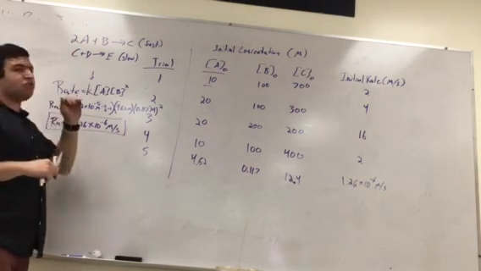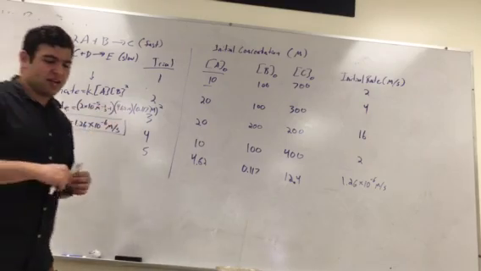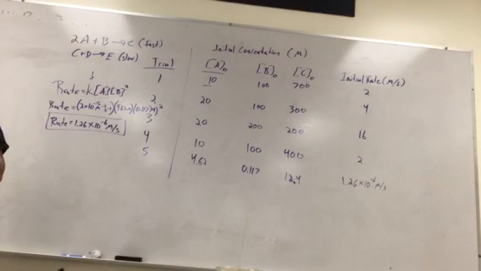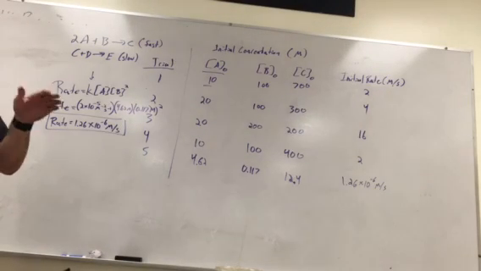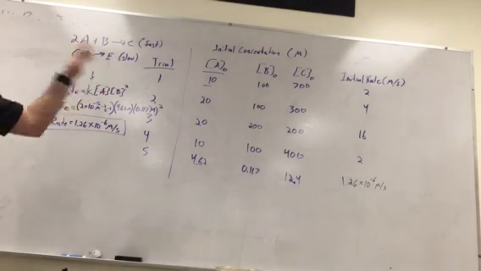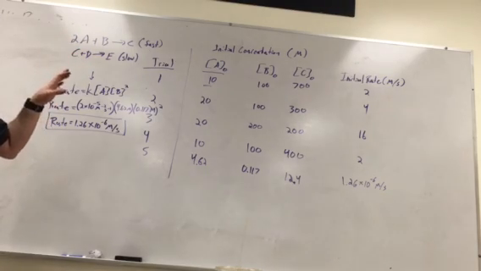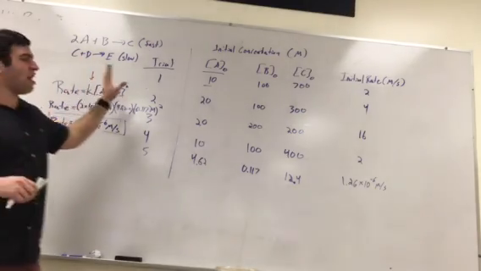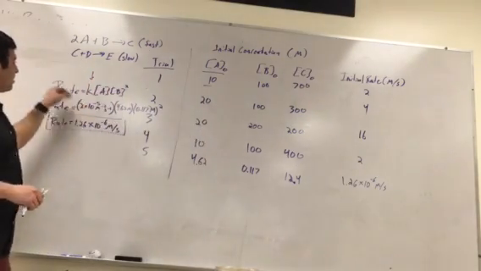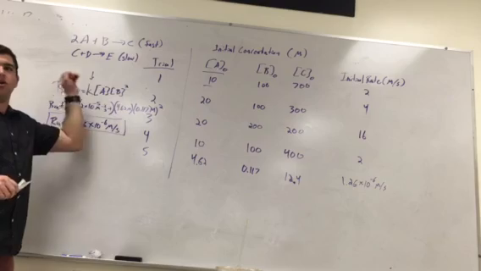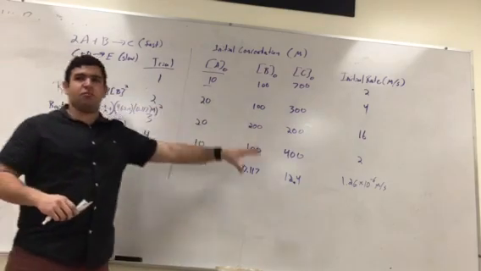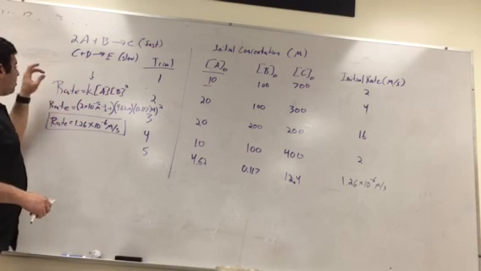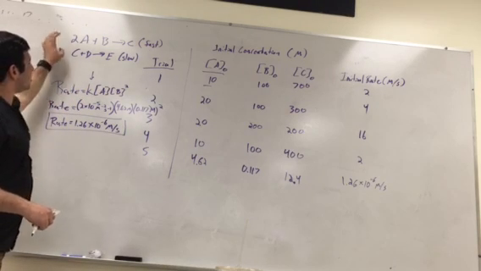Say a scientist found out, through some research, that the following steps are the actual steps of the mechanism. And then the question is, is the mechanism consistent with our experimental rate law? It's the rate law we got from the numbers we extracted.